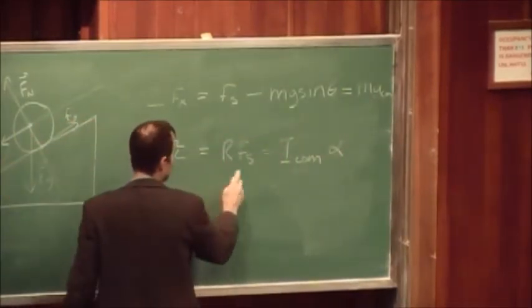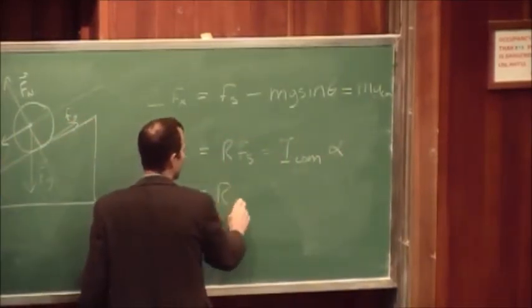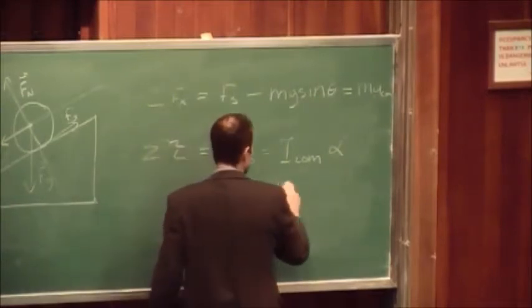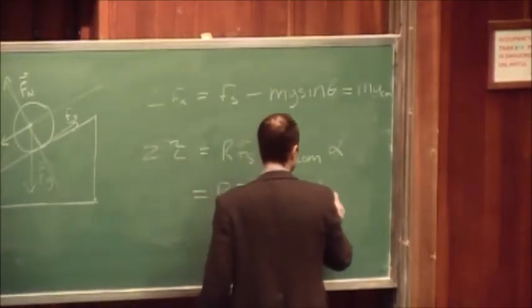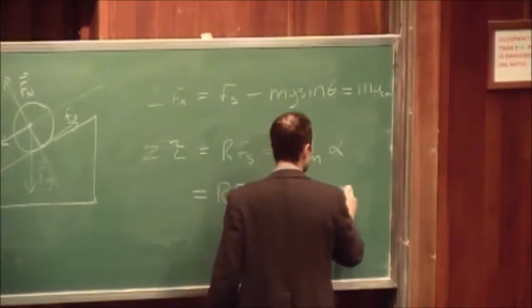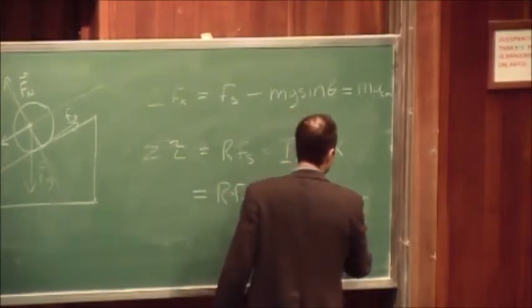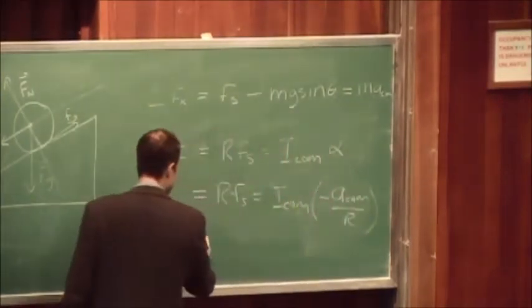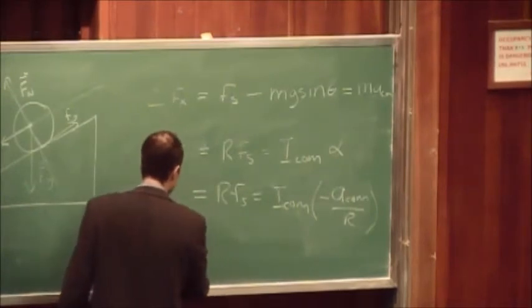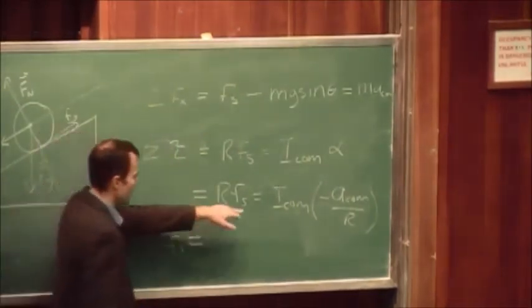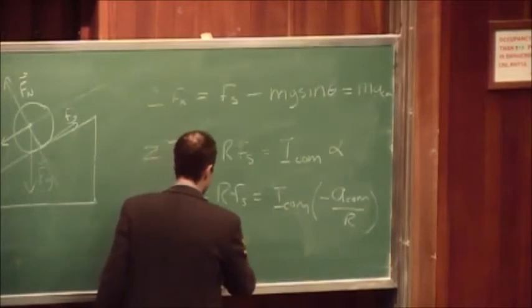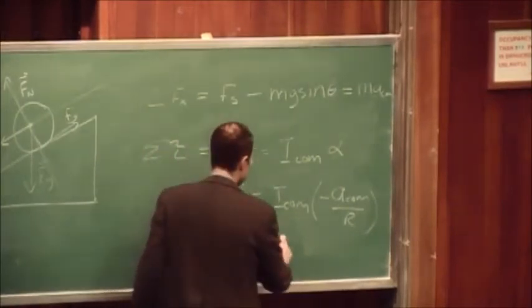So we just have to be a little careful. And so we're going to rewrite this as R F_s is equal to I center of mass, and then this is minus A center of mass all over R. Which means that if I solve for the force of friction, I just divide by R. I see this is minus I center of mass.